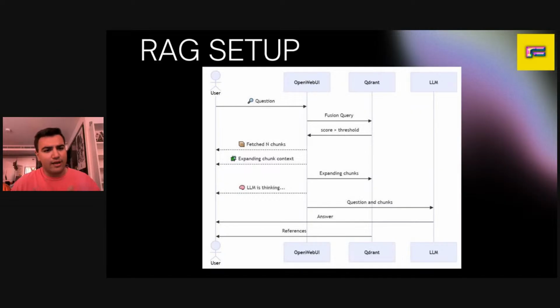Then it will start expanding them a little bit before and a little bit after that specific point. After that, we give that to the LLM, which in this case is DeepSeek, the 32 billion version. And finally, we provide you the answers and all the references that were based on that question.